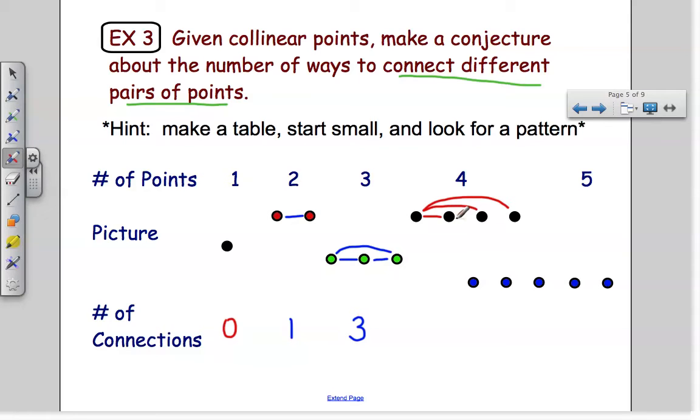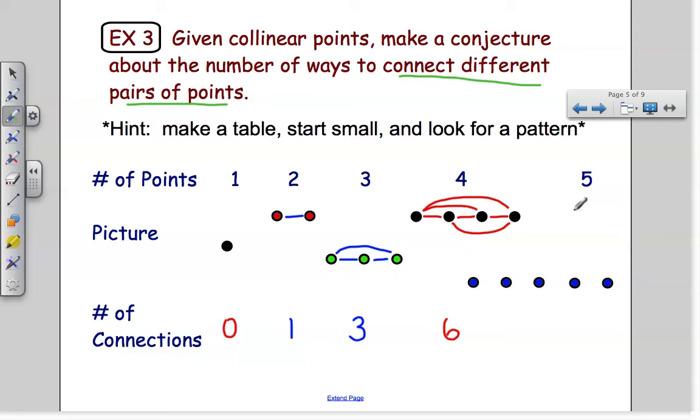It already connected with the first, but it could connect with the third or the fourth point. So now I'm up to a total of 4 and 5 connections. This third point already connected back to the first and second, but it could connect to the last one. There's my 6th connection, right? 6 total. And this point is connected with everything. So with 4 points, you can have 6 connections.